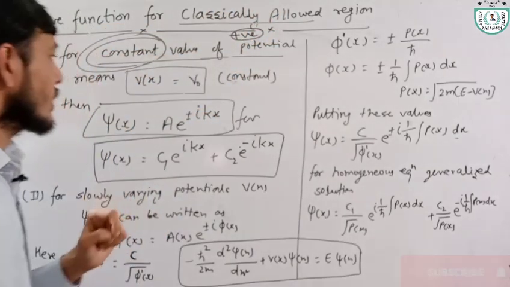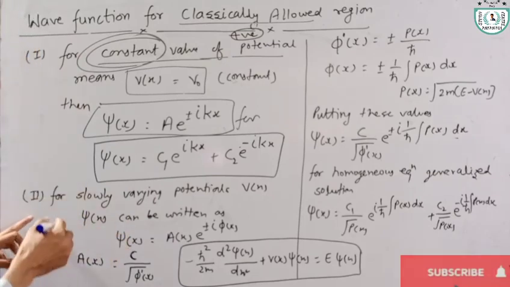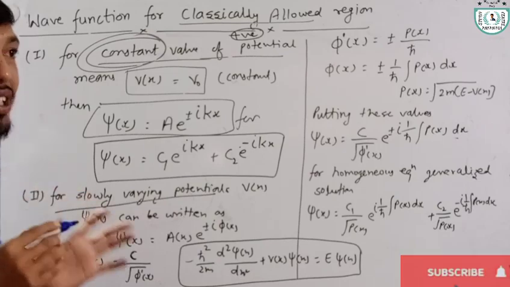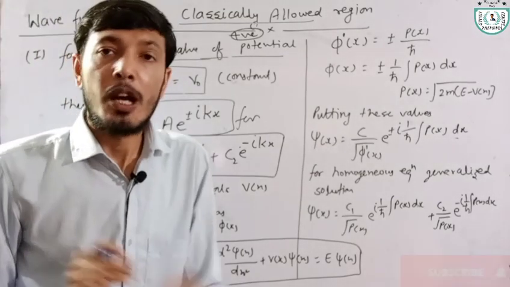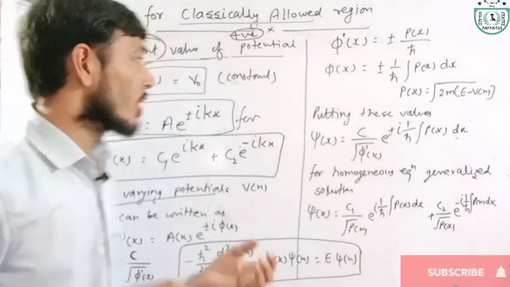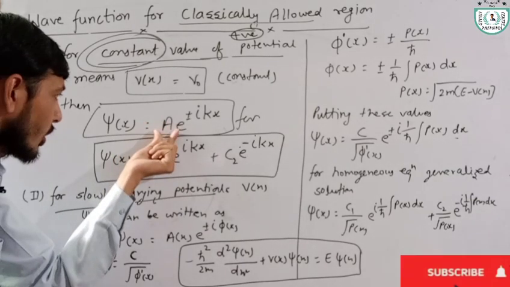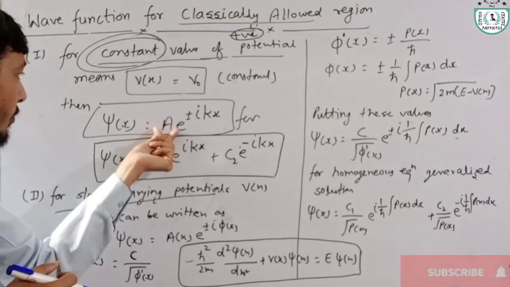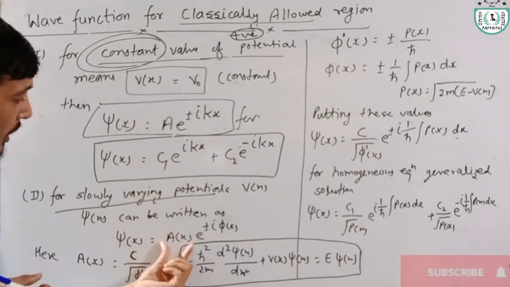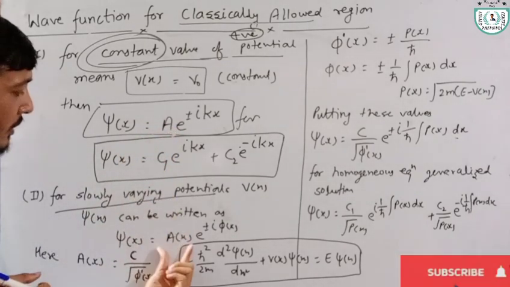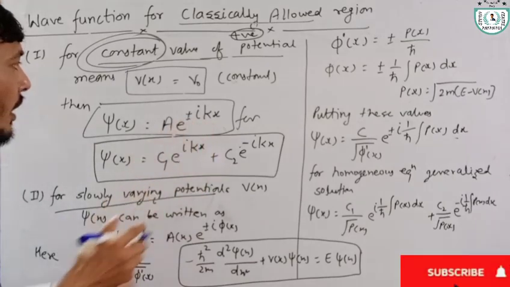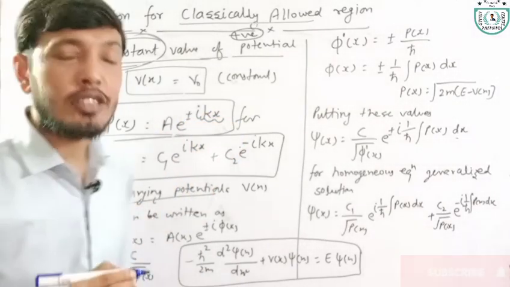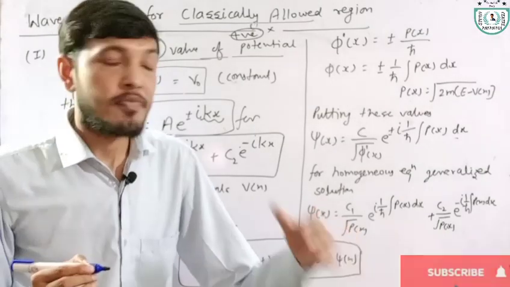Now discuss our case, that is, the potential is a slowly varying potential. For slowly varying potential, the constant A will vary with the value of x and become a function of x. This can be written as A of x, and the constant kx also varies with the value of x.